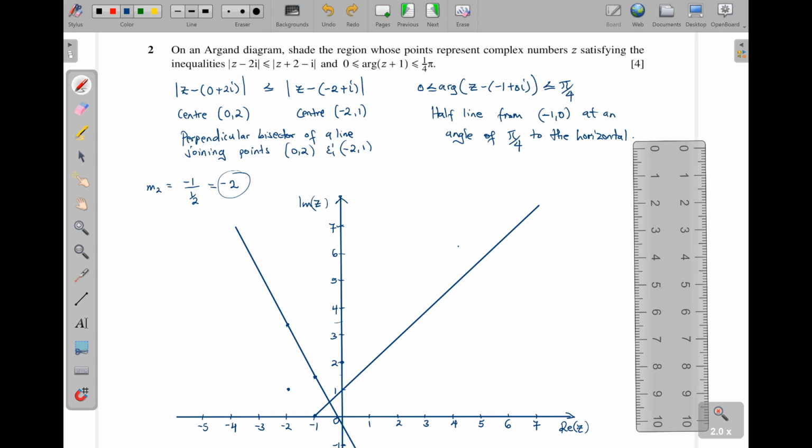In other words, the point that is here, its distance from this center here must be less than its distance from this other center here. 0, 2 is for this one here. So its distance must be less than its distance from this point here.